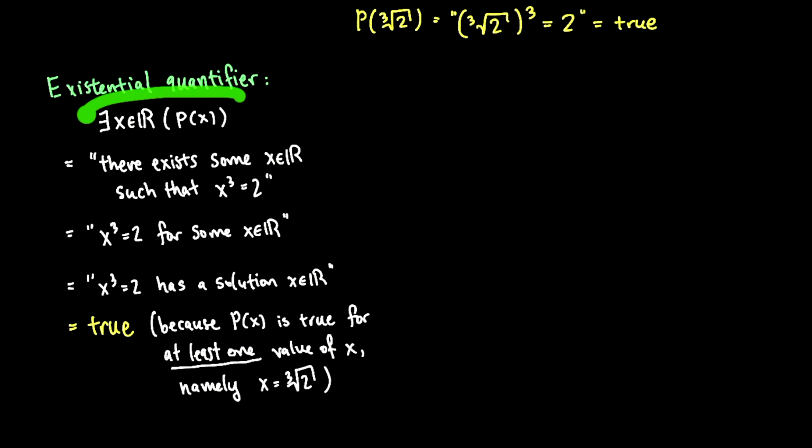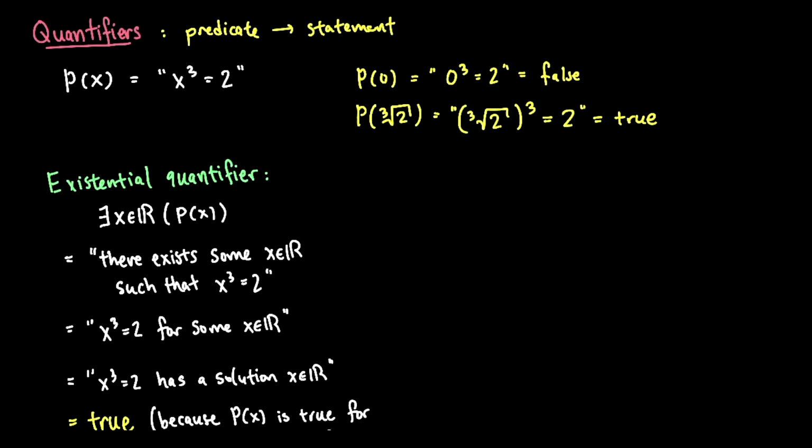So that's the existential quantifier. For the existential quantifier to be true, the statement only needs to be true for one value of x. To contrast that, we have something called the universal quantifier, the other way to quantify a predicate. For that, we write an upside down a. An upside down a, x a real number, such that p of x.